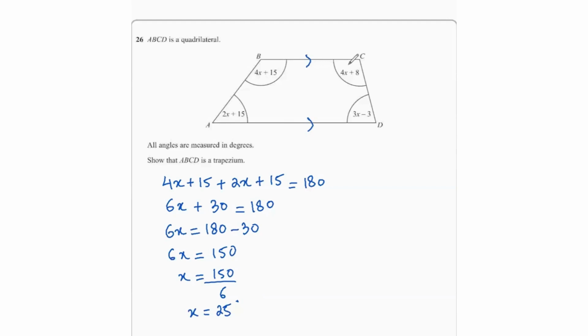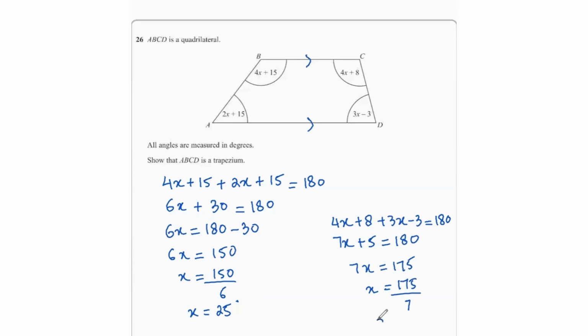Now we can check that with these two as well. So we know 4x plus 8 plus 3x minus 3 would also equal 180. So 7x plus 5 equals 180. 7x equals 175. And x equals 175 divided by 7, which is also 25.